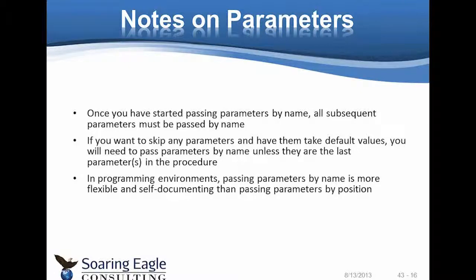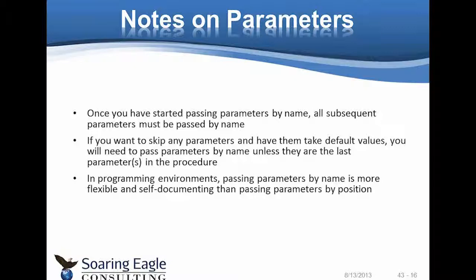As a result, if you were to run this a couple 100,000 times, all back to back, you'd be able to measure a little bit of difference in the performance simply because the parser's got to do a little bit more work if you're passing these things by name. You're not going to measure a lot of difference. You're going to measure a little bit of difference. As a result, my recommendation is that you pass the parameters by name.